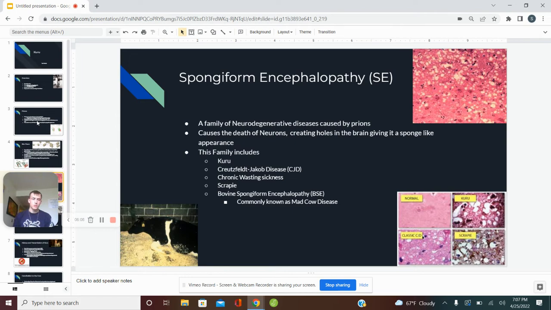Whenever you hear people talking about mad cow disease, I know it was a big thing in Britain, I think a couple decades ago, it was a big shock because people started coming down with Creutzfeldt-Jakob disease. One of the types of Creutzfeldt-Jakob disease is you get it from eating meat, usually the brain of a cow with mad cow disease.